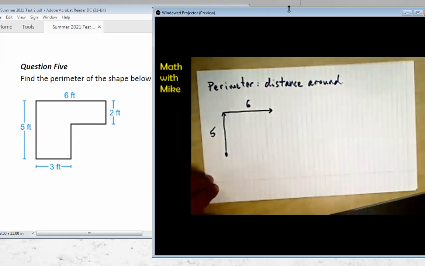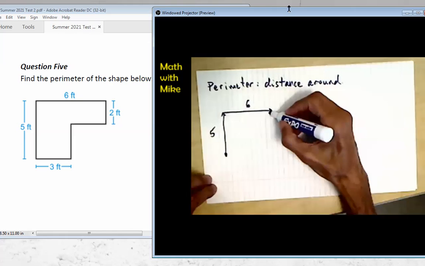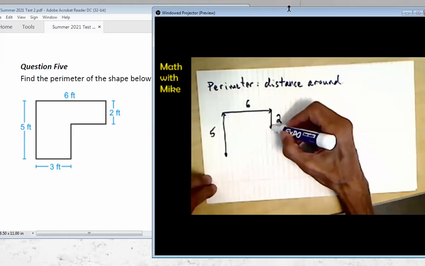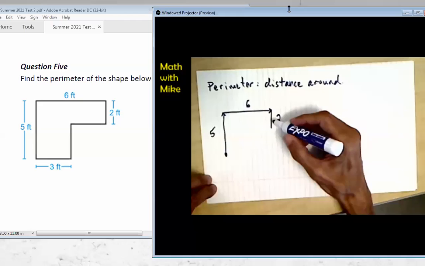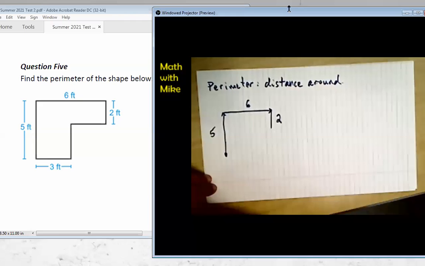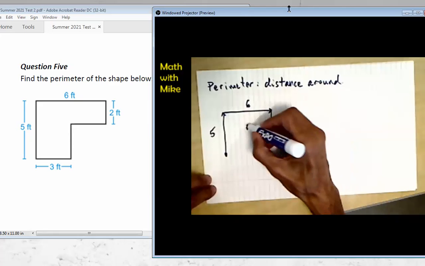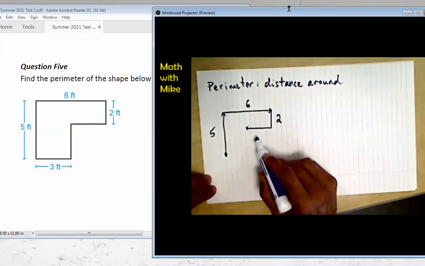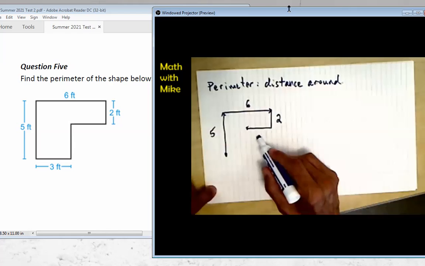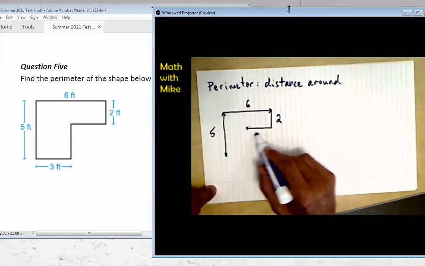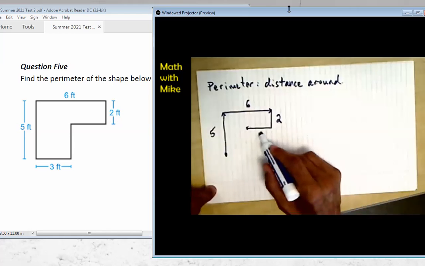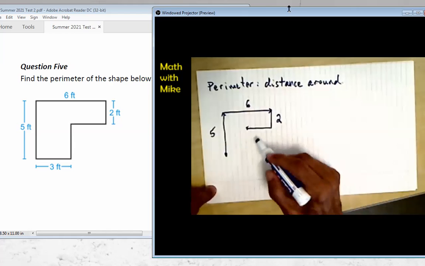I'm going to go down by 2 on that side. Now, this side is missing. How far does this side here have to be? How long is this part? It's going to be 3, right? And how do you know?